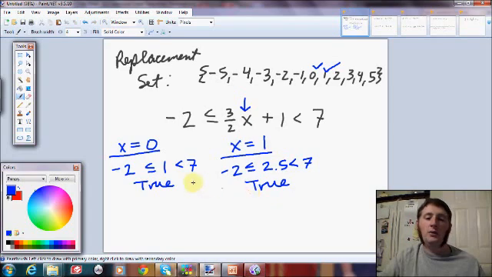Well, let's try -1. Instead of 1.5, we get -1.5, and -1.5 plus 1 would be -0.5.